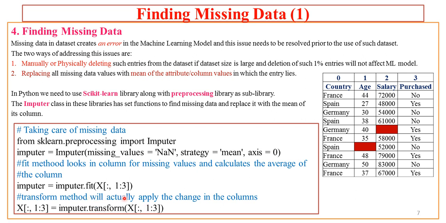The transform method will actually apply the changes in the columns, and whatever changes are stored temporarily somewhere will be saved in our actual X, that is called the set of feature vectors.